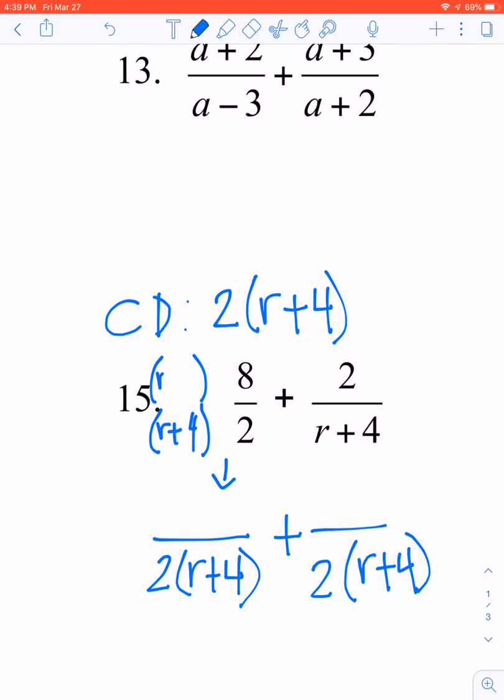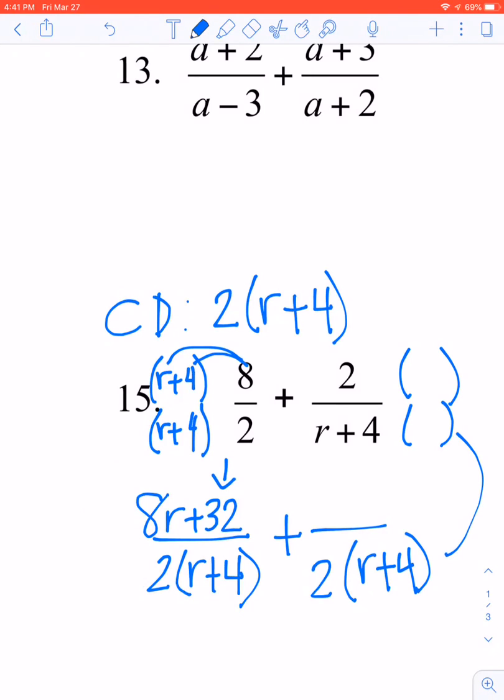We also need to multiply the same thing on the top. Oh, that should be a 4. So we multiply 8 times both of those things, and we get 8r plus 32. Then over here on this side, we need to multiply r plus 4 times something to get 2 times r plus 4 down here, right? So we are going to multiply by, you're right, a 2. And we multiply by a 2 on the top, and we are going to get 4.